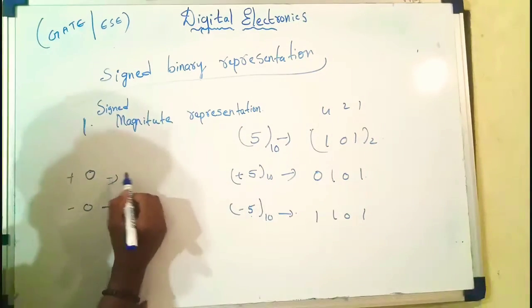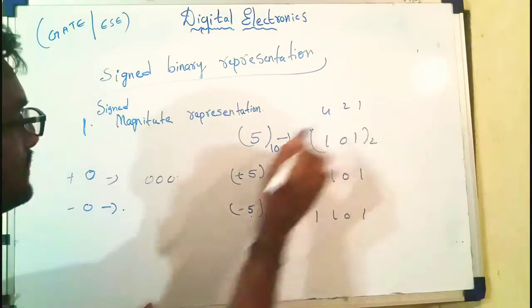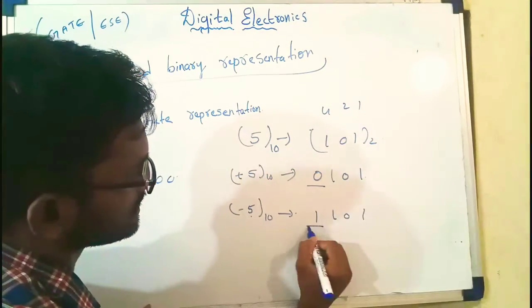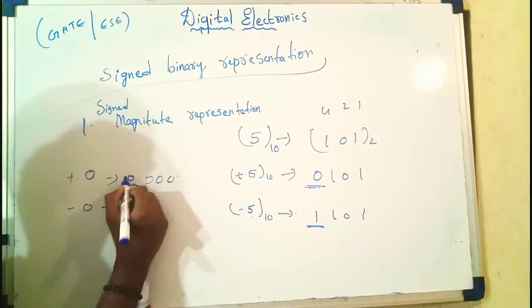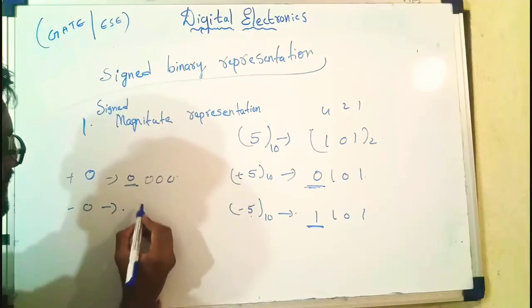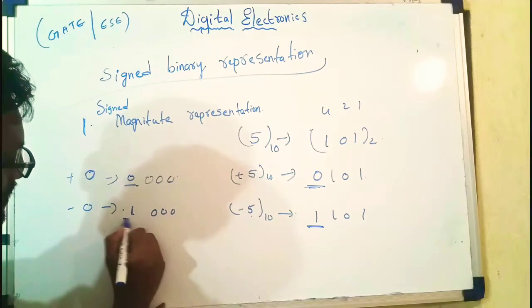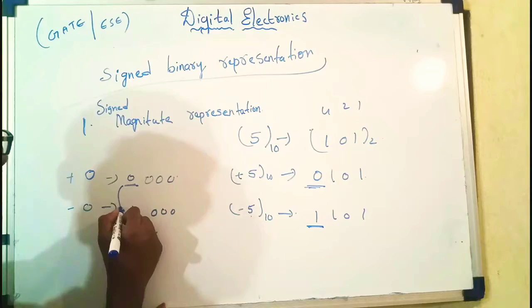First we will see the value of 0, which I am representing in terms of 3 bits. 0, 0, 0. Here this is the signed bit. The signed bit is for plus 0, and for minus 0, this is 0, 0, and this is also the signed bit.